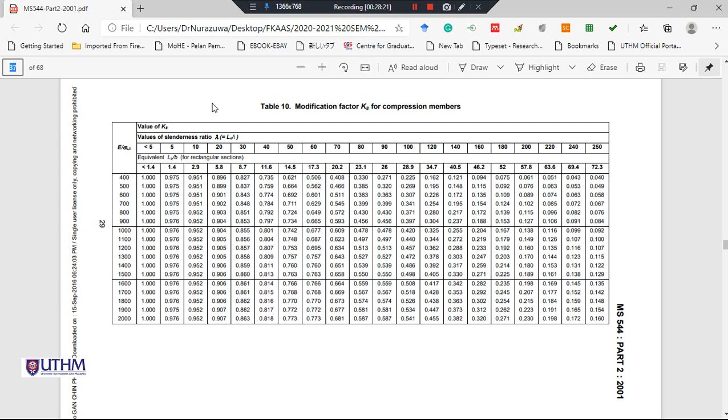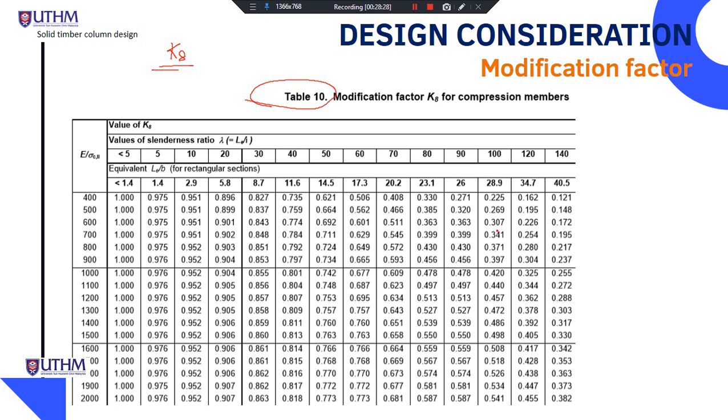We extract some of this table into the slide as you see here. So this is some part of table 10.